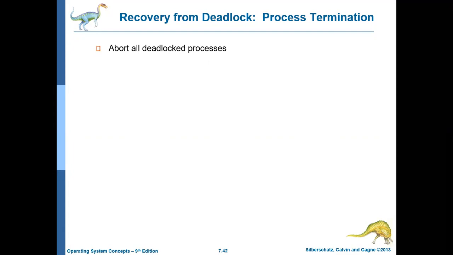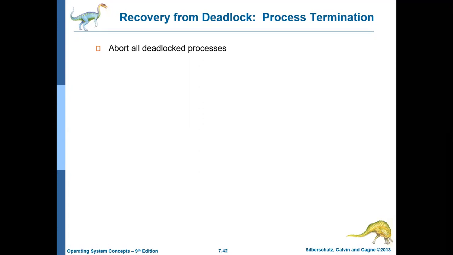This is a very straightforward method which says directly stop or abort all the deadlocked processes. Obviously if you abort all the deadlocked processes, then the system will come out of the deadlock state and none of the processes will remain in deadlock state.